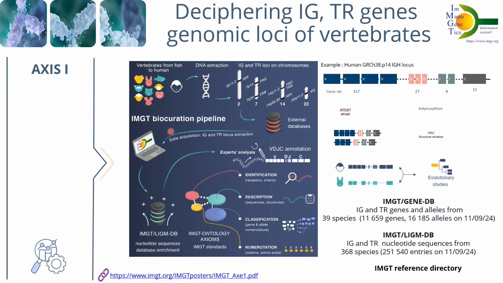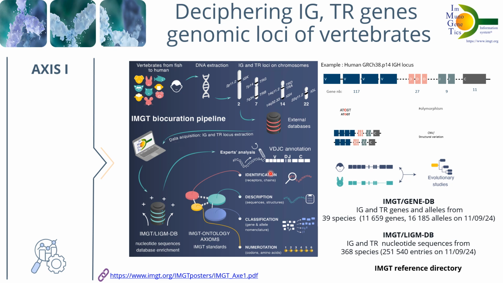However, there is a version that is available online as well for users to use, and there will soon be an updated version of it available. So basically this tool is designed to identify and precisely characterize these genes. The biocuration pipeline is a semi-automated procedure.